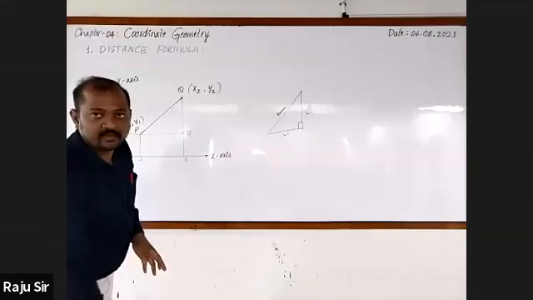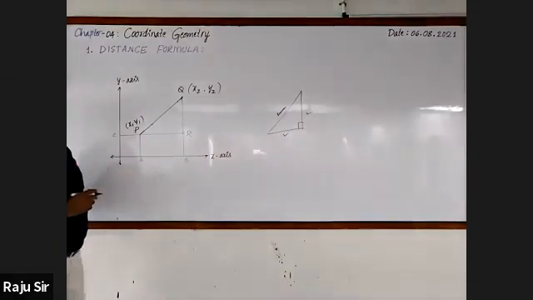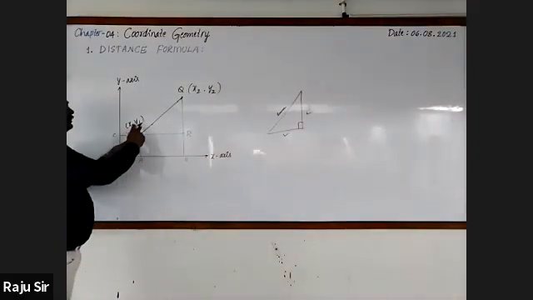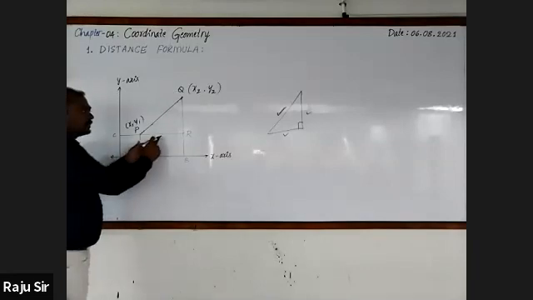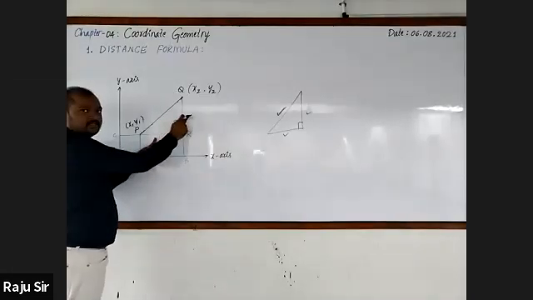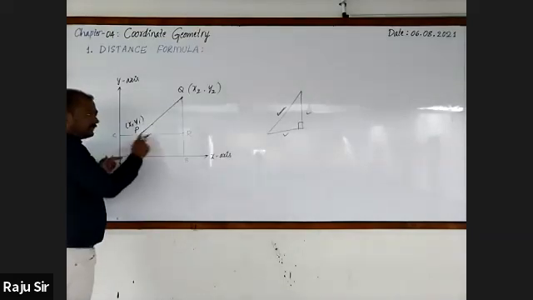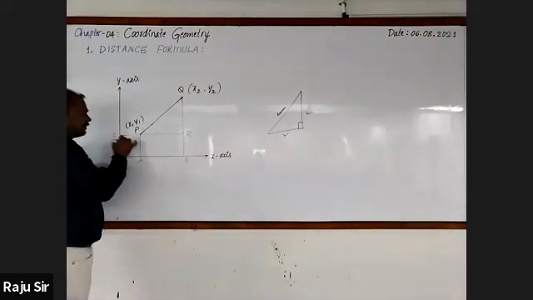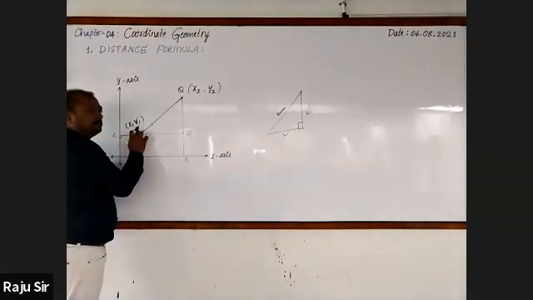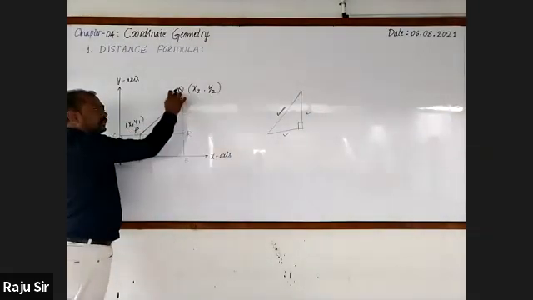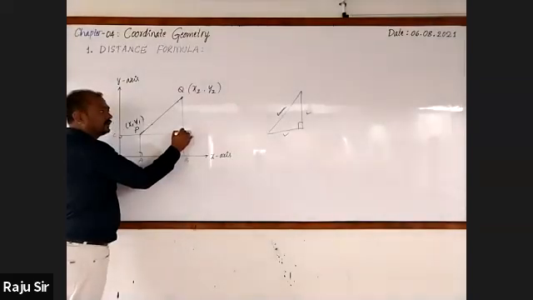If you want to find the distance PQ, you must know these two sides, right? Drawing these perpendicular lines, we have got a triangle, PRQ, and this is also a right angle.